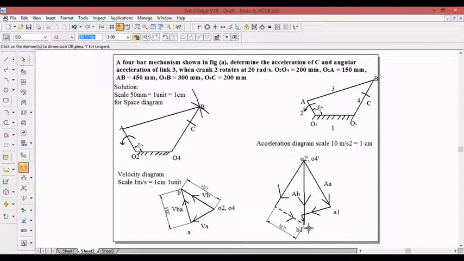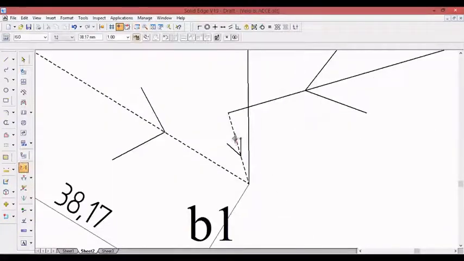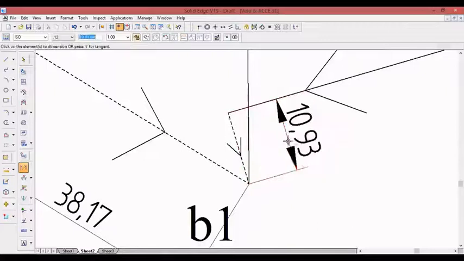And the tangential component of B with respect to A is this measurement, almost 11 mm, 10.93, that is almost 11, 1.1 centimeters I can take it as. So here we have 3.8 centimeters and 1.1 centimeters.